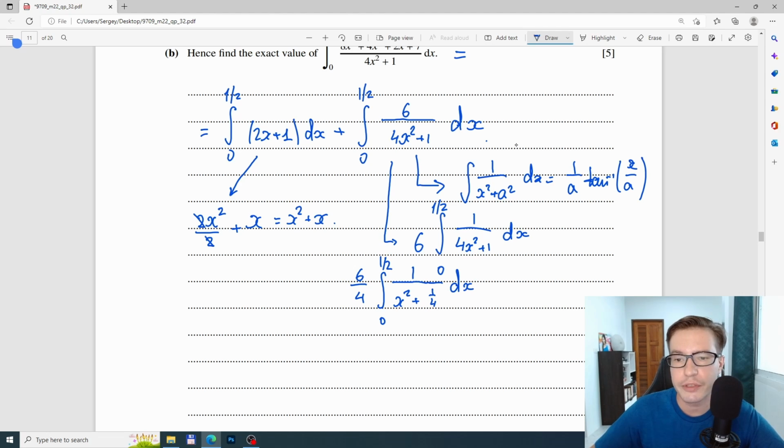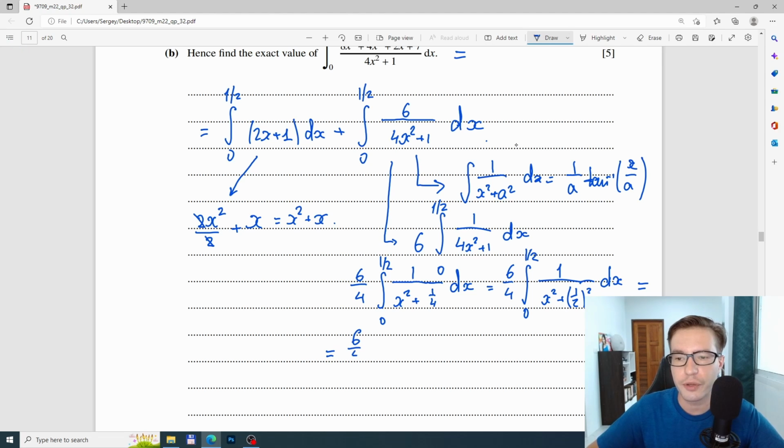Now, again, in our standard integral, there's a squared. So I have to write 1 over 4 as a squared number, which gives us a half squared, 1 over 2 squared dx. And now that looks exactly like the standard integral from the table.